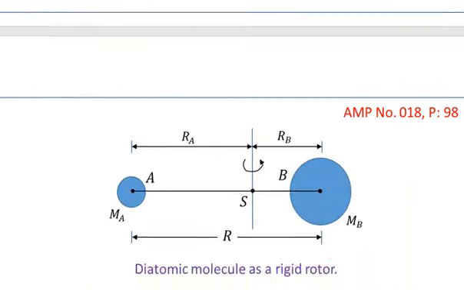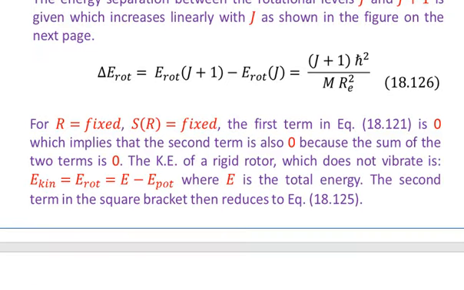About this term, I have stated in this paragraph that for fixed R, S of R is also fixed. So due to S of R being fixed, some derivatives will be equal to 0. The first term in equation number 121 is 0, which implies that the second term is also 0 because the sum of the two terms is 0.